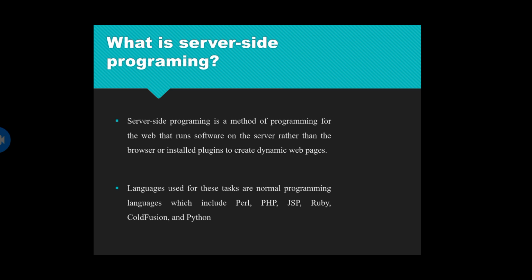Next, JSP, then Ruby, which we don't use as much as before. And ColdFusion and Python. Python is one of the most trending for server side programming, as many are moving from PHP to Python.